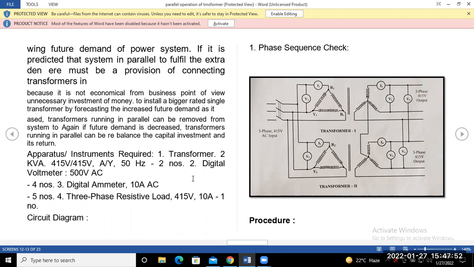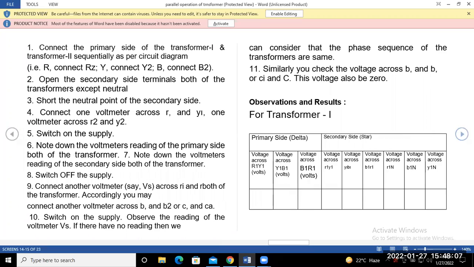Okay, and voltmeter and ammeter are required according to measurement for the primary side and secondary side current and voltage. Okay, this is the sequence. Now, what is the procedure for performing this experiment?